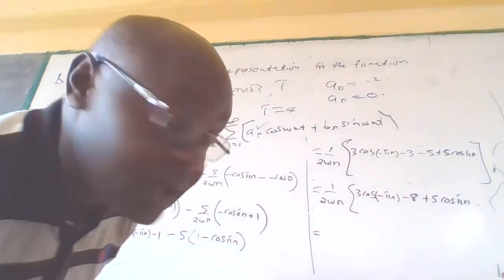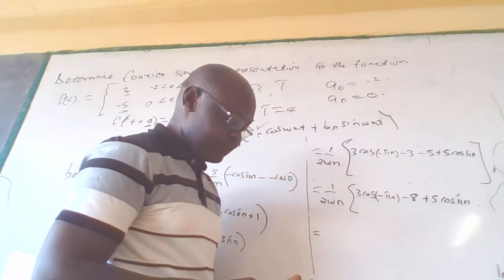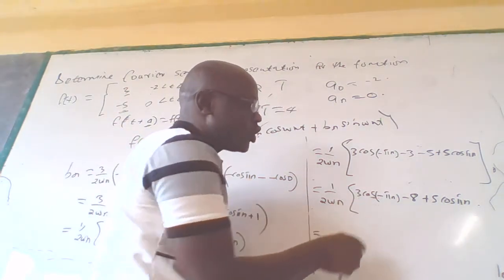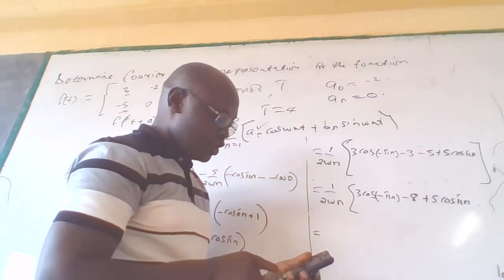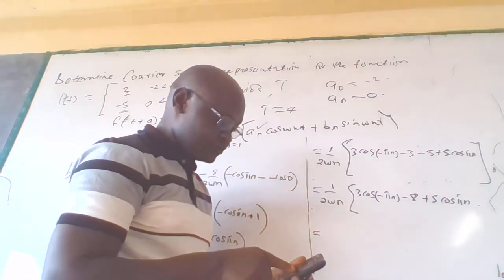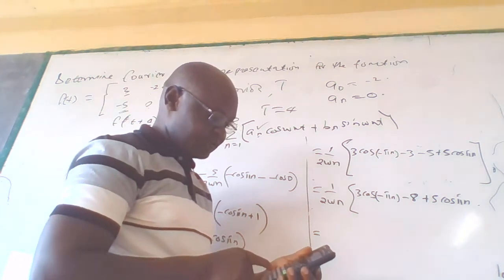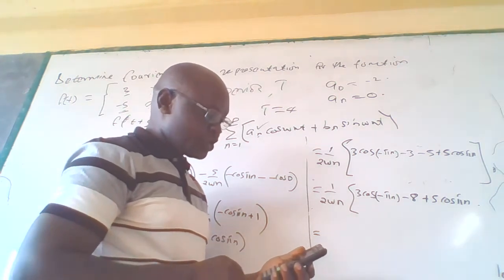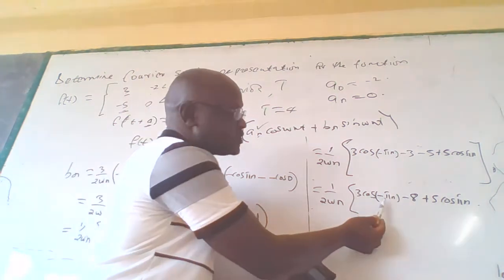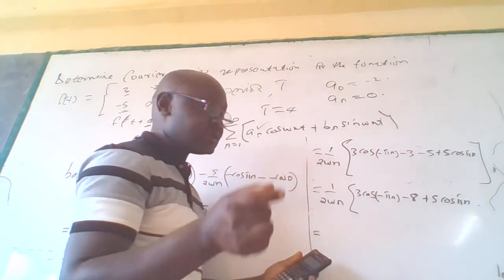Then when you use our calculator, for example, we can test cos negative 180. If we use pi, cos negative 180, we get negative 1.